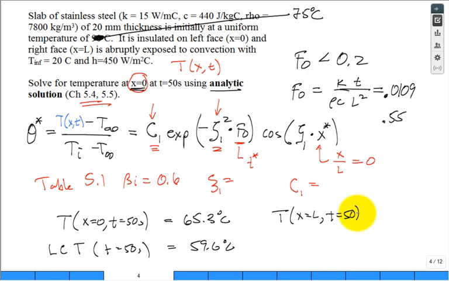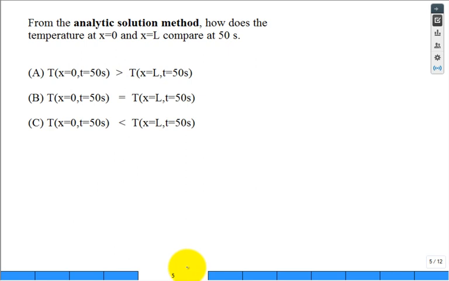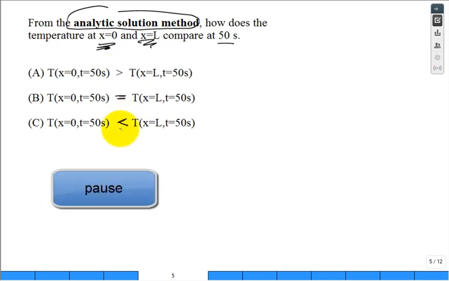Let me go there and ask a clicker question. Using this analytic solution method, first term only, how does the temperature at x equal to 0 compare with the temperature at x equal to L at the same time of 50 seconds? Is it greater, equal, or less?